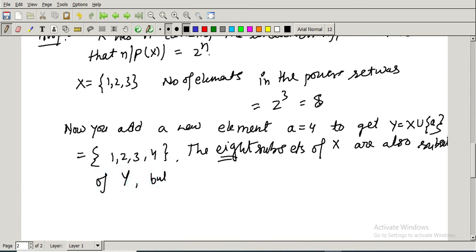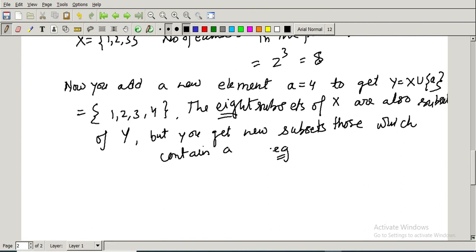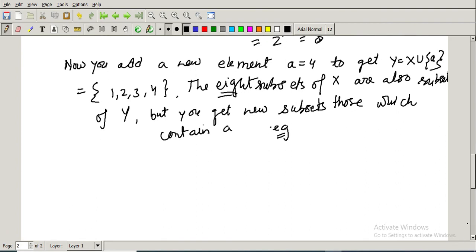But you get new subsets, those which contain a. For example, you have to add a, 4, to that.